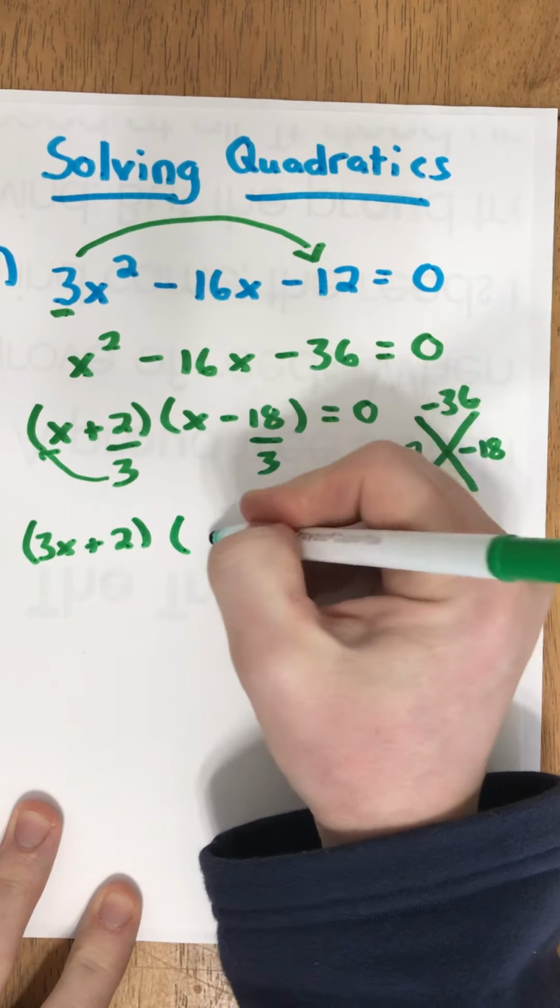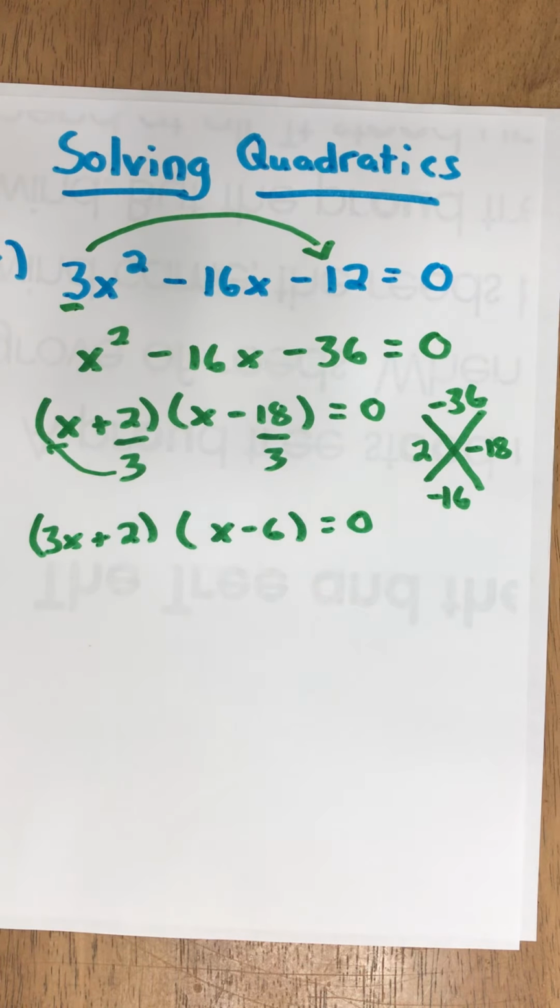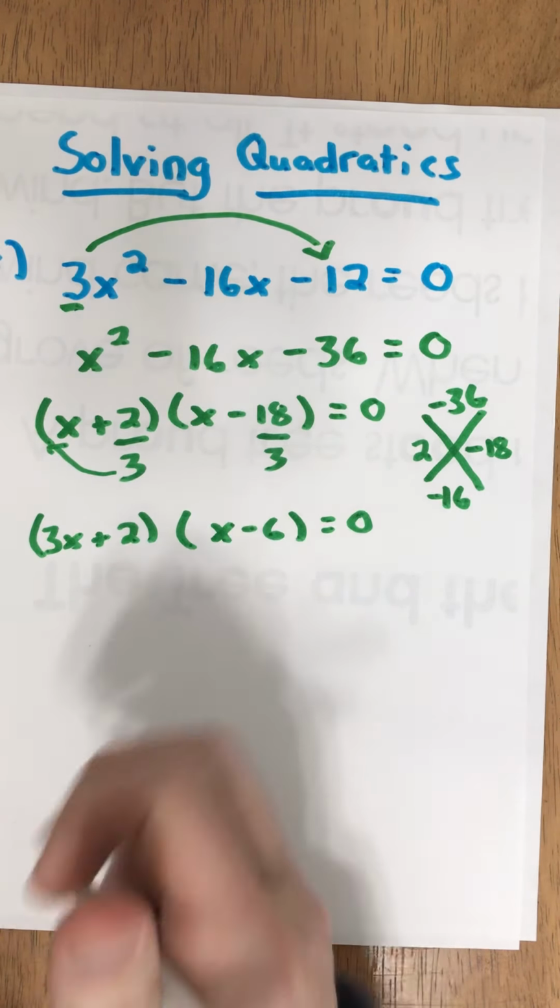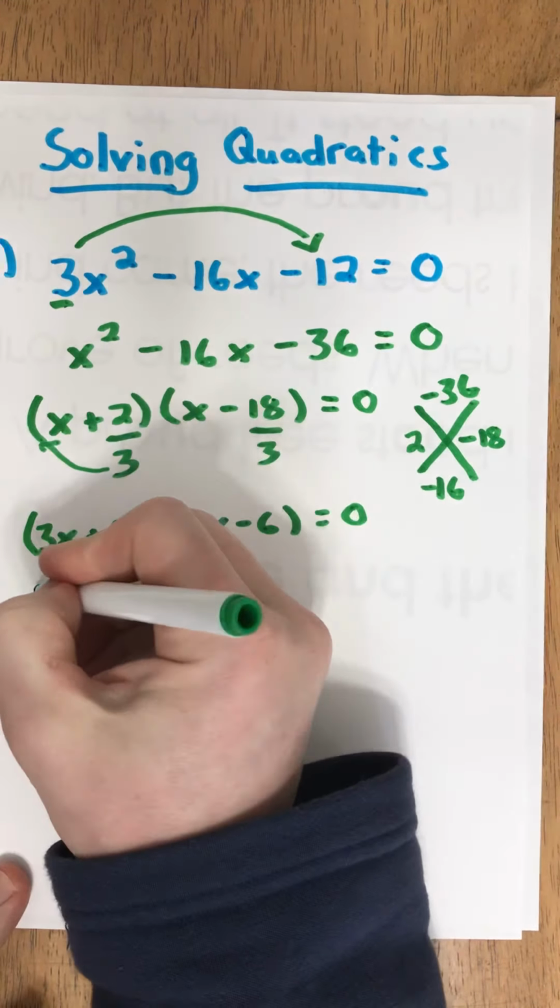And this actually divides unevenly, so we're lucky here. And we have this, 3x plus 2, x minus 6 is equal to 0. So we're going to do the same thing here, and we're going to solve each of those equations. So I'm going to have 3x plus 2 is equal to 0, and x minus 6 is equal to 0.